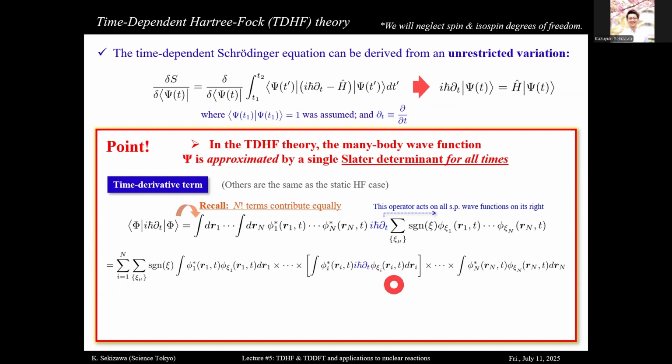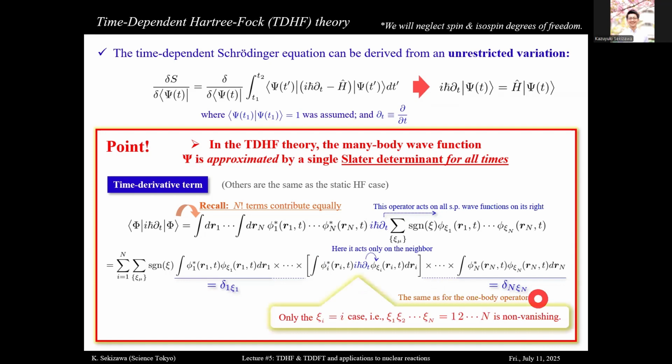Since the single-particle wave function phi is also normalized, the overlaps with every term except phi xi i become Kronecker deltas. Then xi 1 to xi n equal 1, 2, 3, up to n, in ascending order.